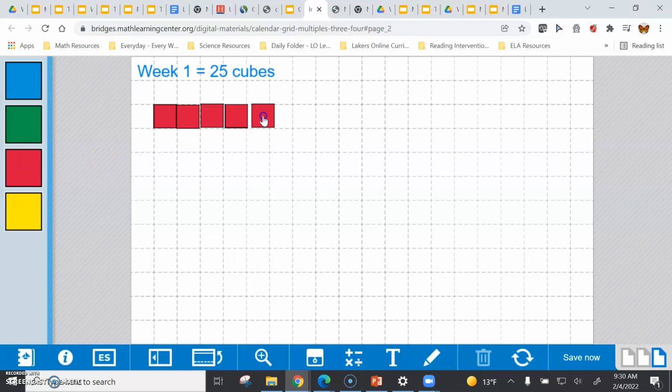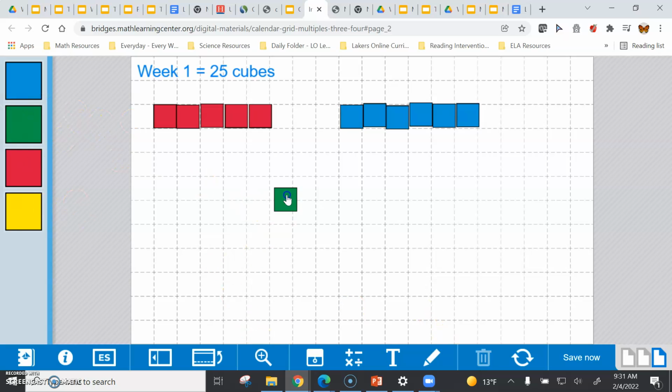We have 5 cubes here. Then we'll put 6 cubes here.